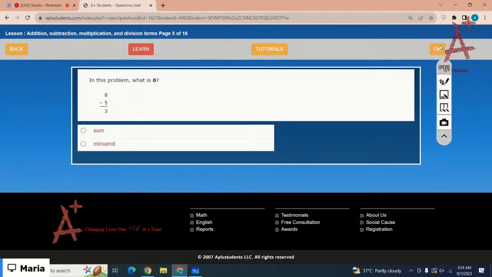In this problem, what is 8? So you are subtracting from 8, right? 8 must be minuend, right?